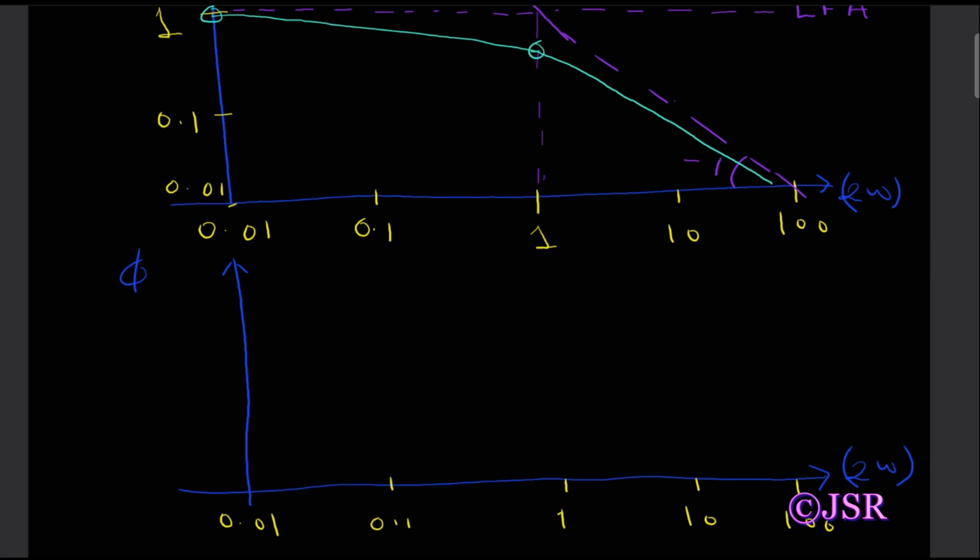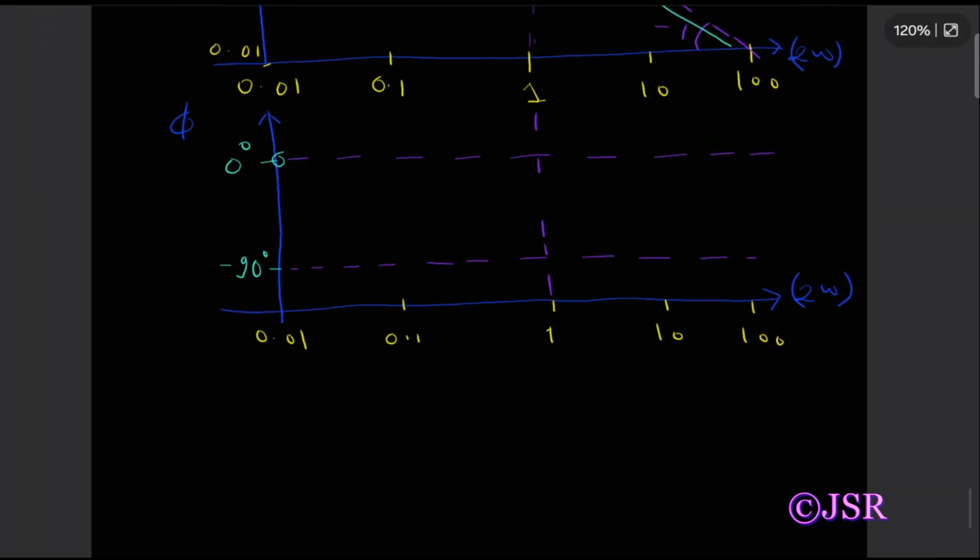Similarly, when 2 omega lies between 0 to 1, the phase shift is 0 degree, phi equal to 0 degree.